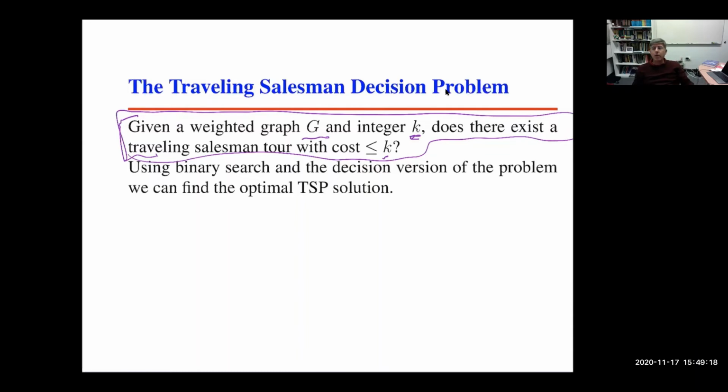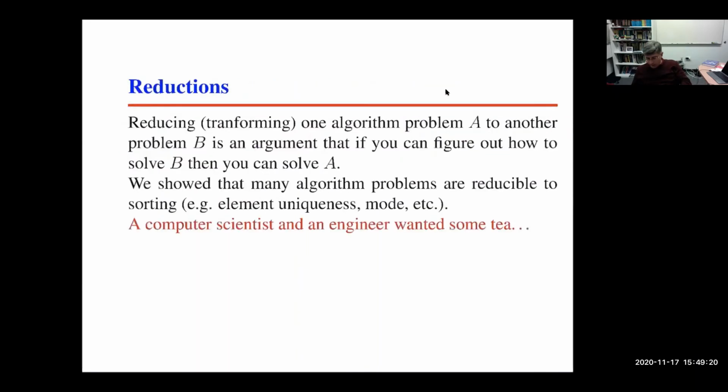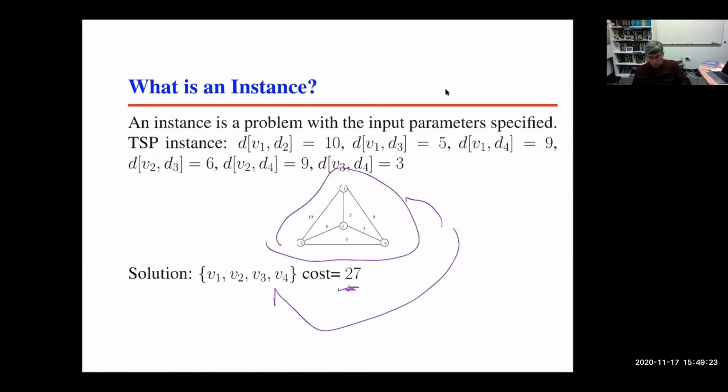On that previous instance that I had here, if the optimal tour was of size 27, and this is my graph G, and I said TSP, the traveling salesman decision problem, and I give you G and I give you 26, is there a tour of this graph of cost at most 26?